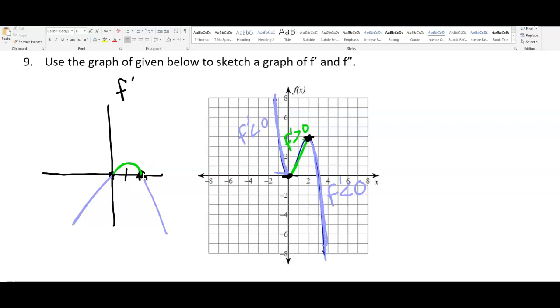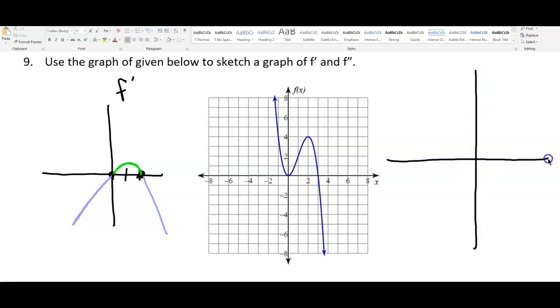All right. Continuing onwards. If they want us to find the second derivative as well, okay, now for this problem you're going to have to just do some guesswork.